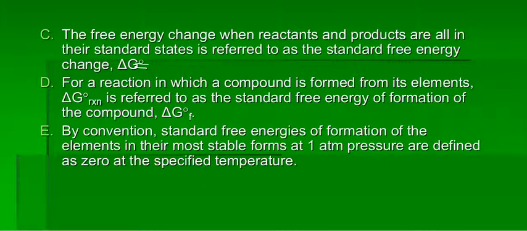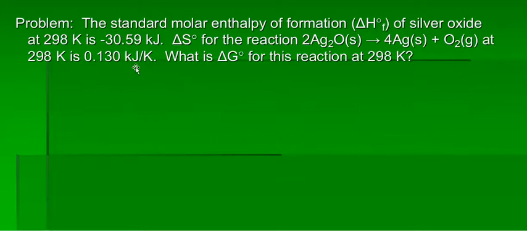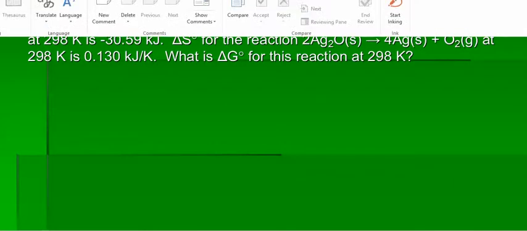For a reaction in which a compound is formed from its elements, delta G of the reaction is referred to as the standard free energy of formation, delta Gf. And by convention, elements have a standard free energy of formation of 0, just like we did with enthalpy, delta H's. So let's look at a couple problems.